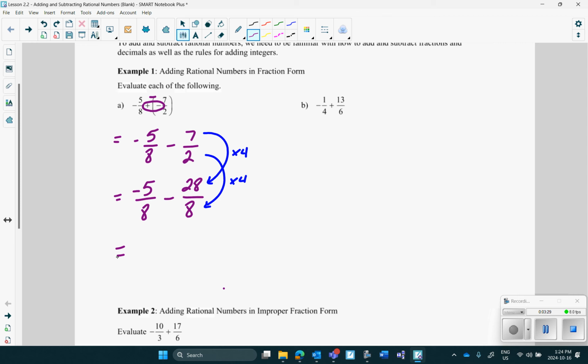Say it. Negative 33, and the denominator stays the same. We can't reduce it. So we're done. So you've got to watch those positives and negatives. That's sort of the trickiest part of these ones.